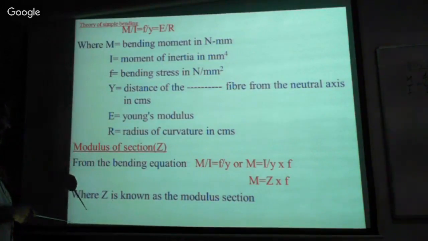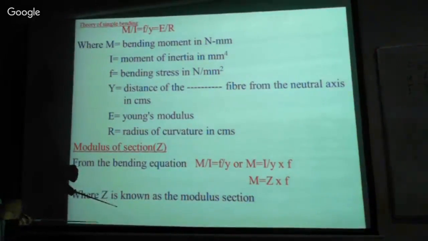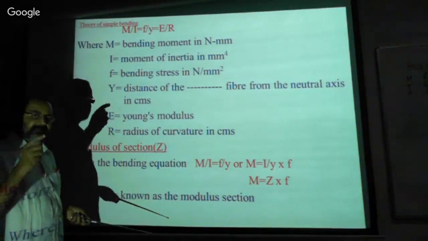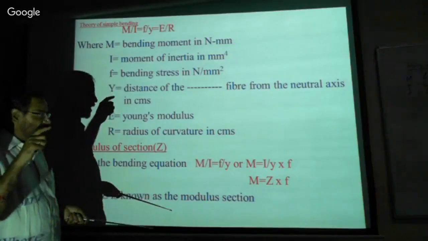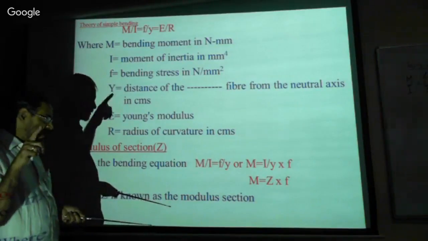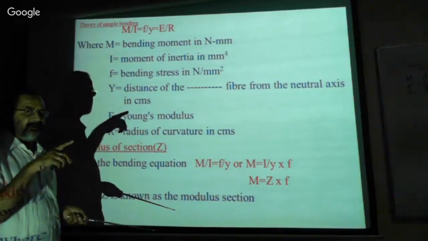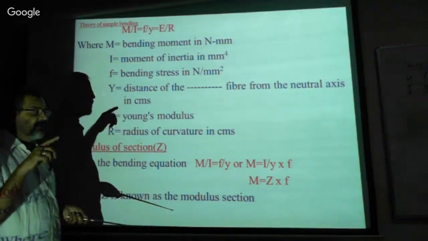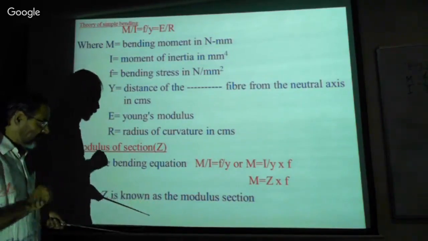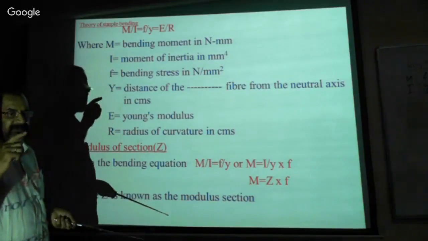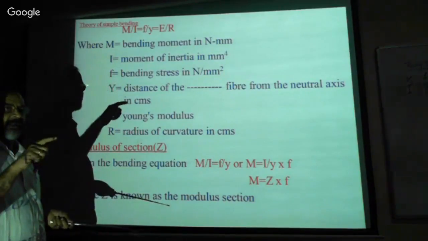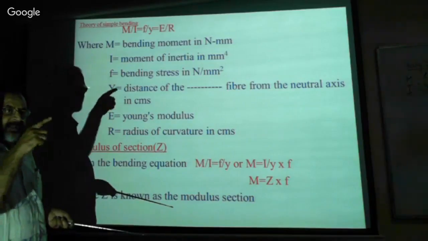The moment of resistance is the resistance developed by the material due to its cross section, and the bending moment is induced in the material due to the application of load. Always we must equate the bending moment and the moment of resistance.